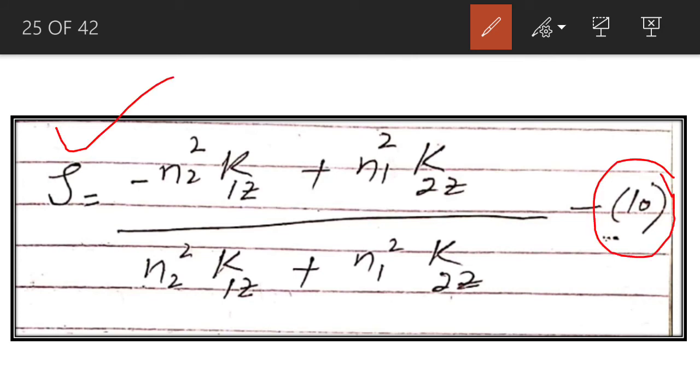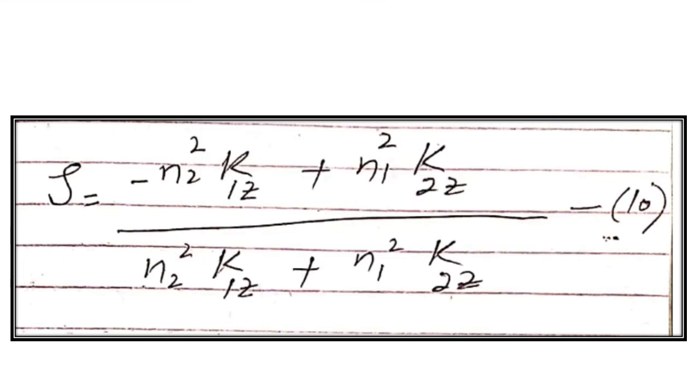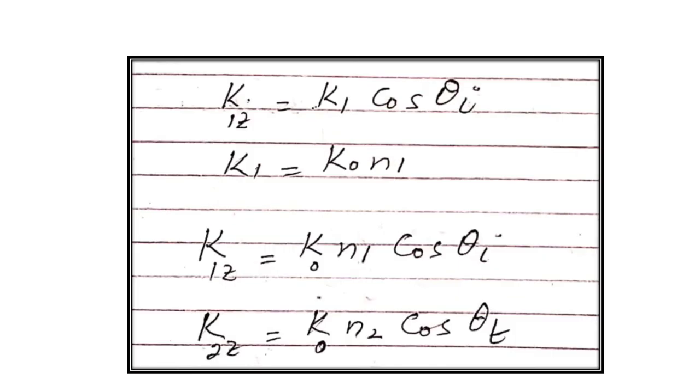So the reflection coefficient will be equal to minus n2 square k1z plus n1 square k2z divided by n2 square k1z plus n2 square k2z. This will be the reflection coefficient of the TM wave.